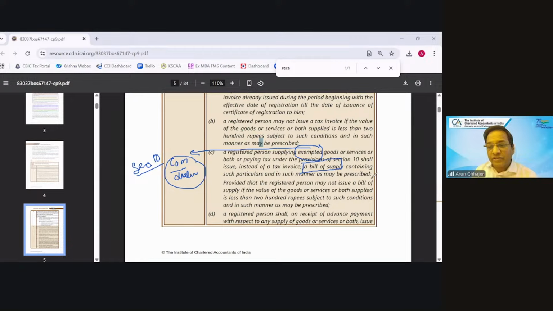Again, the same proviso which we have talked about here. If the value is less than 200, then he is not required to issue the tax invoice or bill of supply. If the payment is received in advance, what is the name of the document? If I have received the advance payment, then what is the name of the document?